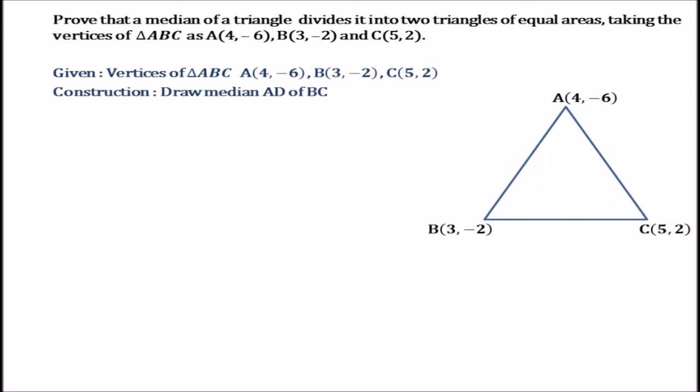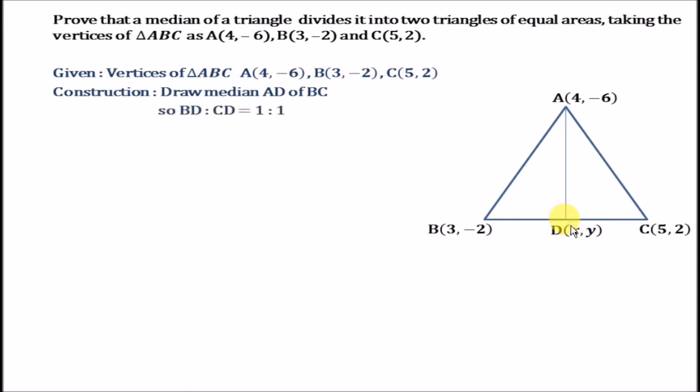For the sake of simplicity, we have decided we'll draw median AD of BC. So now we need to prove that the two triangles that have been divided by the median are equal in area. So for that, the first thing that we need to do is find the coordinates of the point D.